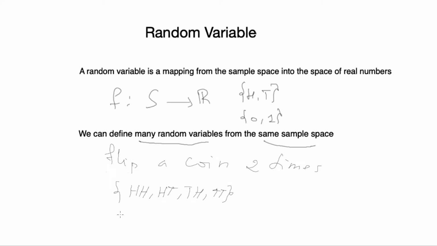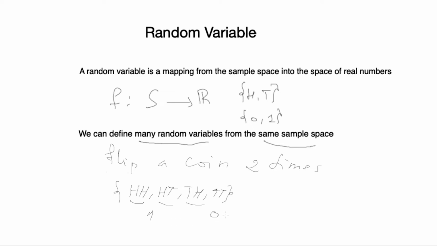But we might be interested just in the number of times that heads appear. For example, we can consider these events as the same, and we can represent them by a random variable like 1, for example, and we represent the case where there is no heads by 0, for example.